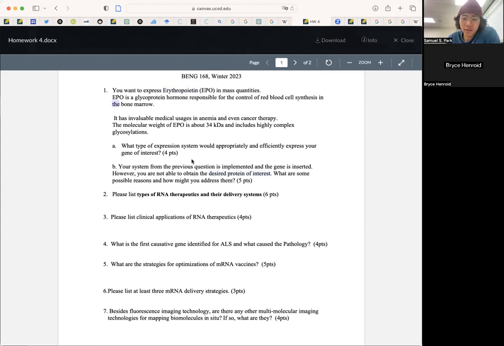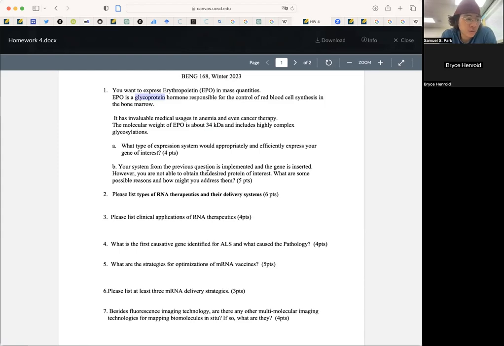But the fact that she's talking about glycosylation in this question, I would talk about how I would ensure that my protein is correctly being glycosylated. I'm not sure what does that, to be honest. What kind of protein does the post-translational modifications? I don't know.